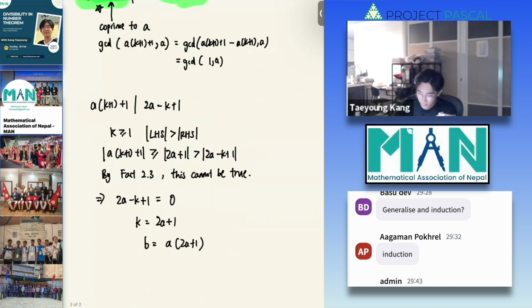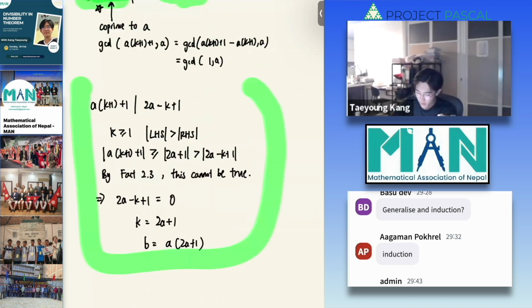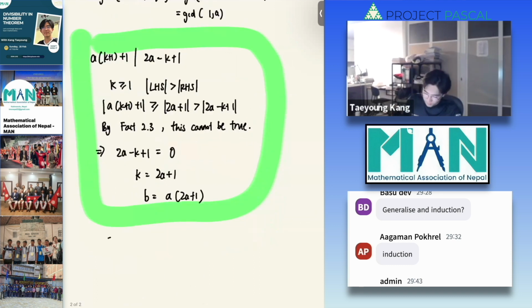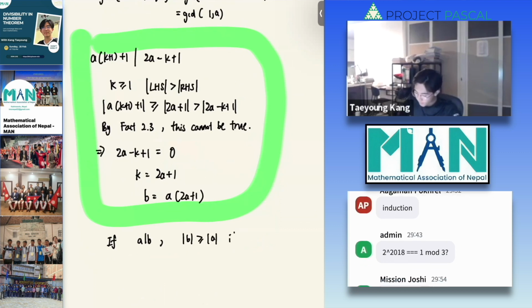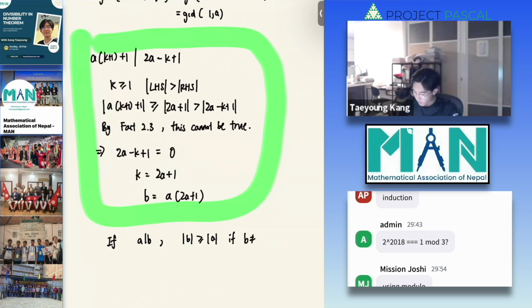And the remainder of the solution over here is an application of how you use size from fact 2.3. The fact that if a divides b, then the magnitude of b is larger than or equal to the magnitude of a if b is not equal to 0.